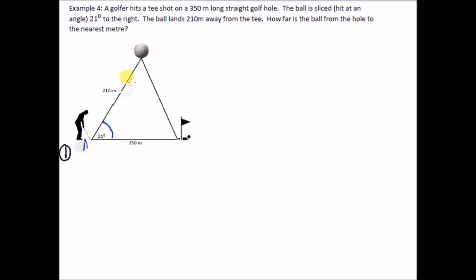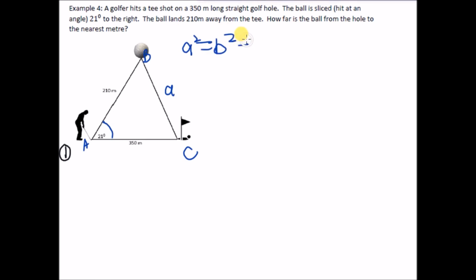We're looking, let's go A, B, and C. We're looking for side A. The guy hits it, it goes off course, it doesn't go straight on. So we want to know how far the ball is from the tee. So all we need to do is solve for A, which is quite easy, because this is what we've seen so far.